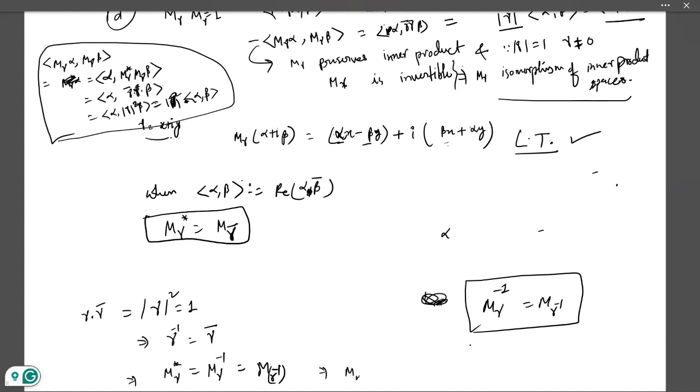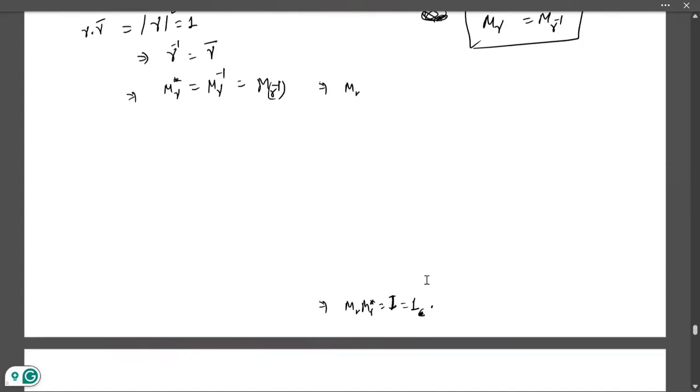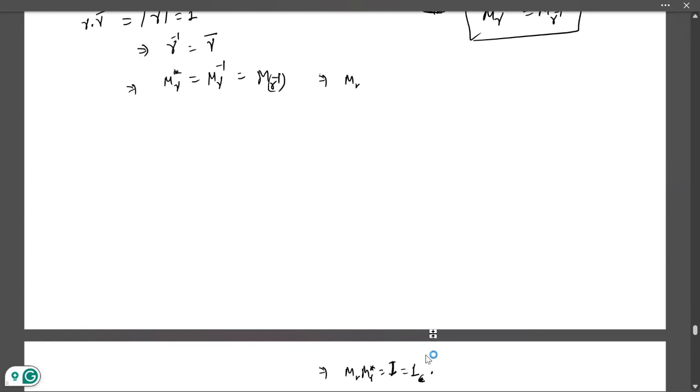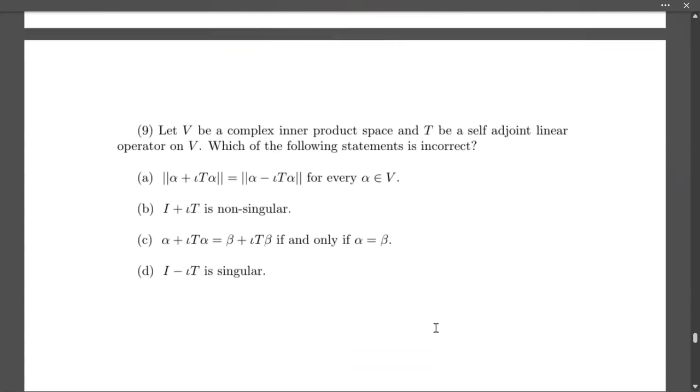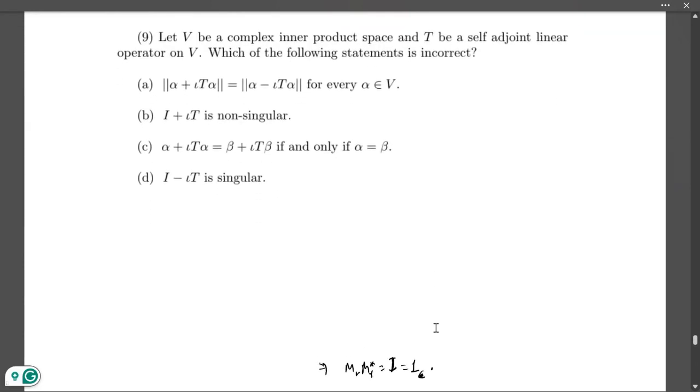This will imply that m gamma star is just identity or one, one as a complex number or real number. Both ones are same. Let's see the next question.